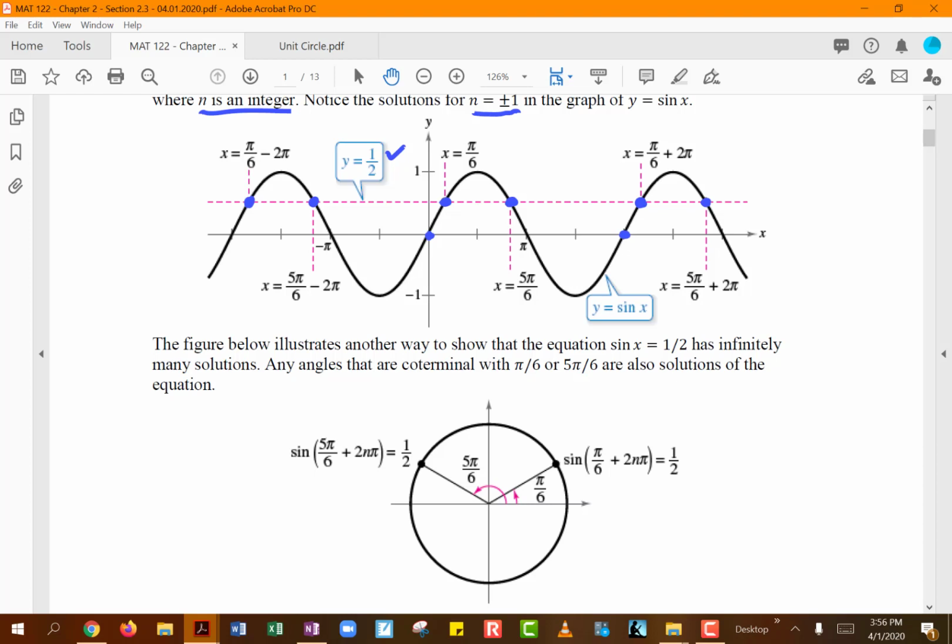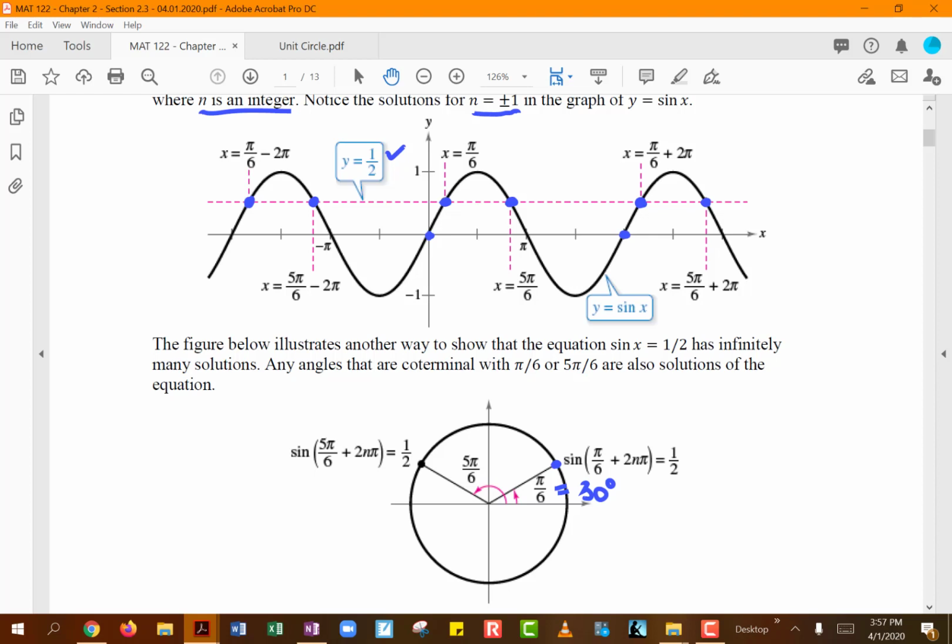You can see right here at pi over 6, which is the same as 30 degrees. If we keep going in those rotations of 2 pi, you're going to keep coming back to the same point. That's where you're getting an infinite number of solutions from that pi over 6.